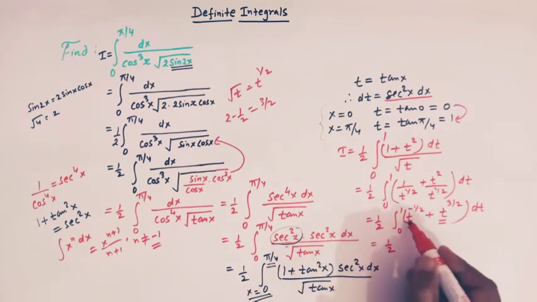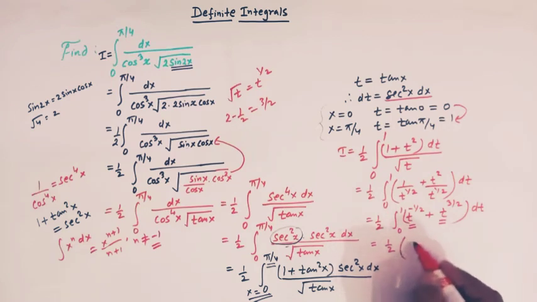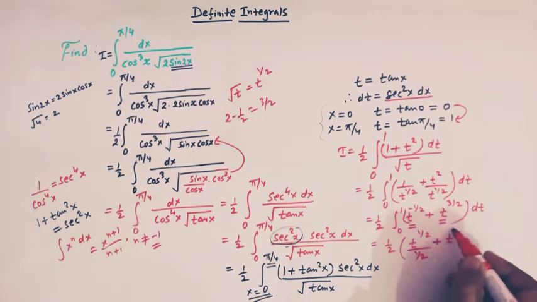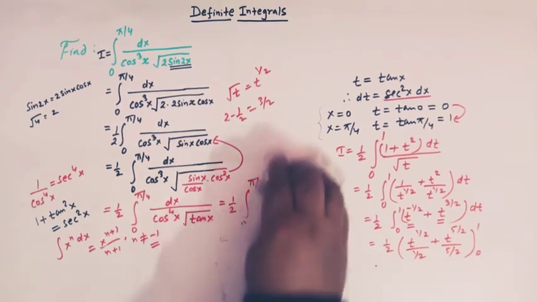So the integral of t raised to minus half is t raised to half over half, and t raised to 5 over 2 divided by 5 over 2, and the limits of integration are from 0 to 1. Now we simply substitute the limits and take the difference.